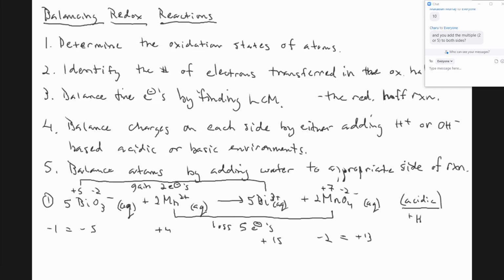Correct. Someone mentioned that we're going to add it to the left side because we're going to add how many to the left side? Correct.